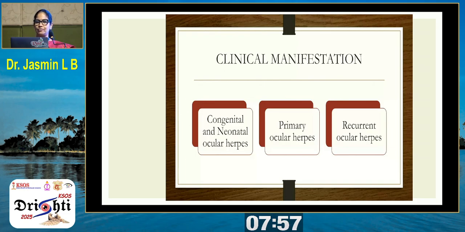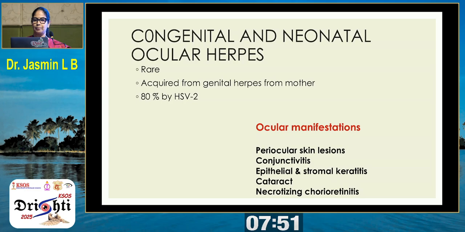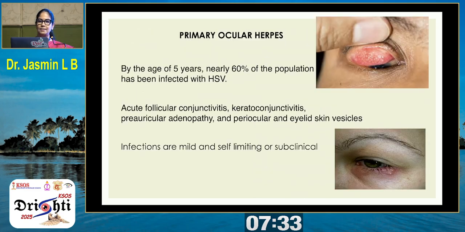Its clinical manifestations are congenital and neonatal ocular herpes, primary ocular herpes, and recurrent ocular herpes. Congenital and neonatal ocular herpes is acquired from genital herpes from the mother, 80% by HSV2. Ocular manifestations are periocular skin lesions, conjunctivitis, epithelial and stromal keratitis, cataract, and necrotizing chorioretinitis.